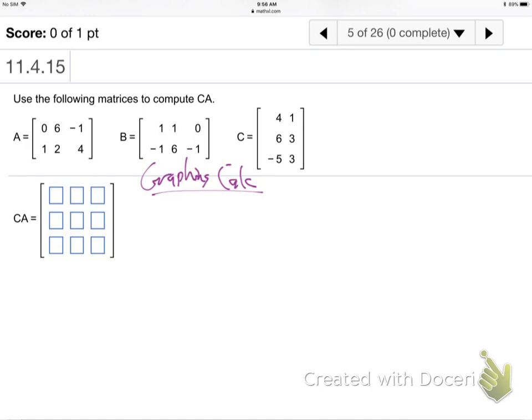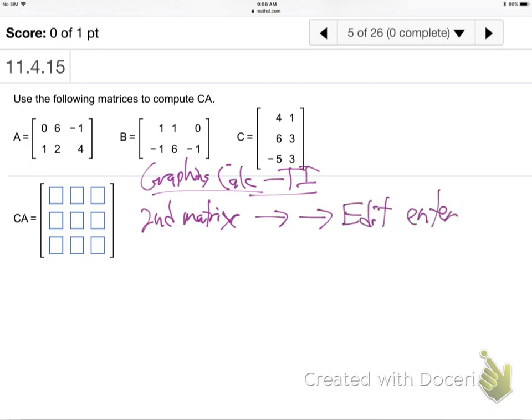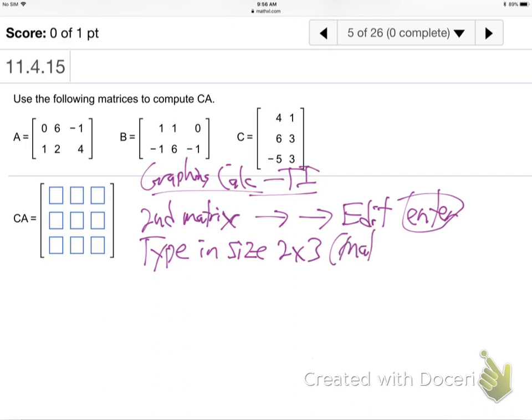I'm going to write out some of these steps on the thing here. So hit second matrix. This is on the TI. Second matrix, and then go across twice to the edit mode. Hit enter. Type in size 2 by 3 for matrix A, and input the entries.